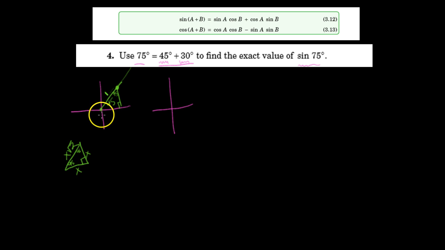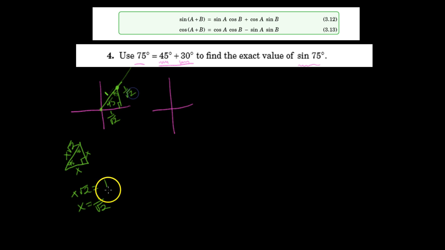You could find the sides by the Pythagorean theorem, but you can also do this algebraically and say x root 2 is equal to 1, because that's the hypotenuse. If you solve, x is equal to 1 over the square root of 2. So my two legs are 1 over the square root of 2 and 1 over the square root of 2.